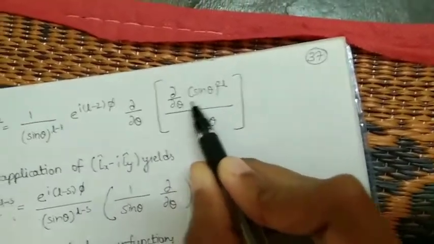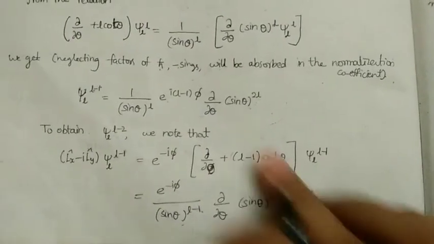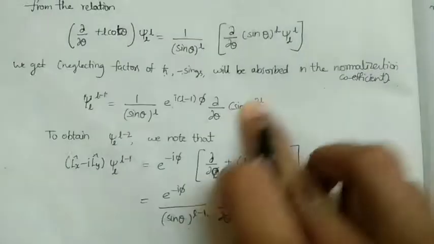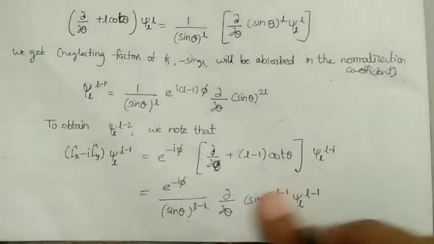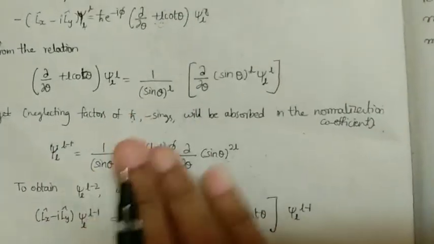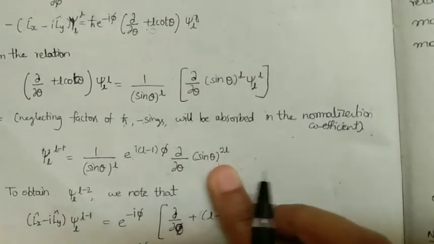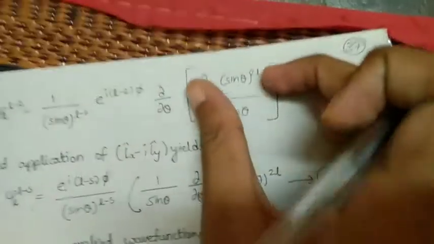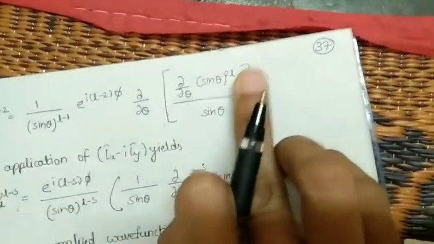So after replacing ξ_L^(L-1) with this equation and substituting in the place of this part, and after simplification, here already one ∂/∂θ is there, and in this equation also another ∂/∂θ is there, ∂/∂θ sin θ to the power 2L. So that is another ∂/∂θ and again 1 by sin θ, again ∂/∂θ sin θ to the power 2L.